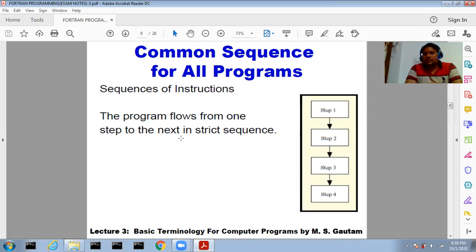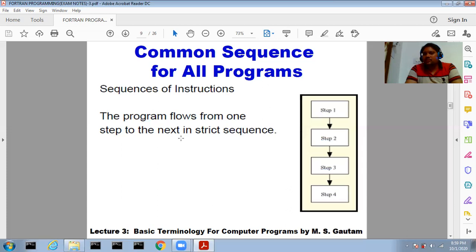The sequence of instruction may be for the input section, the output section, or for some process. So sequence of instruction is common to all types of program. That means we can use any kind of programming to solve any kind of problem; we have to give the sequence of instruction to the program.